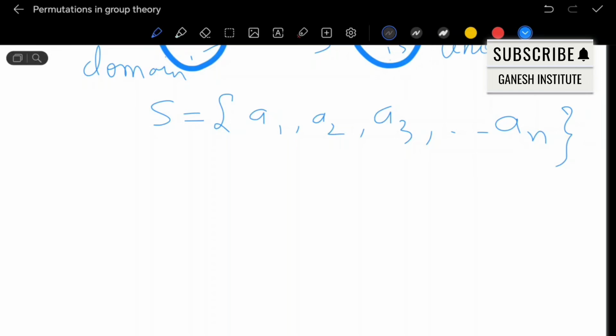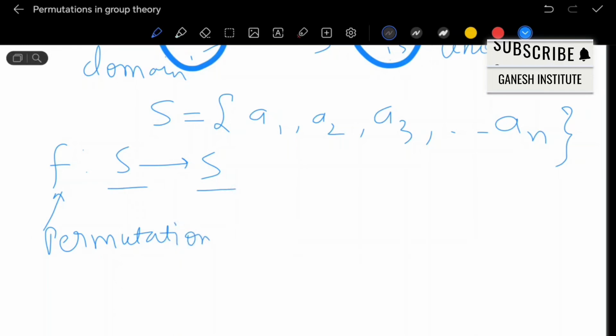And if it is a 1-1 mapping on itself, then we can call F a permutation. That is a 1-1 mapping from one set to another set, where the codomain is also that set only. So domain and codomain are from the same set.